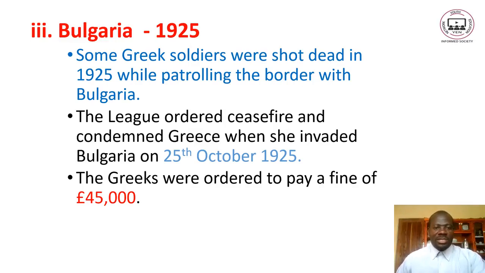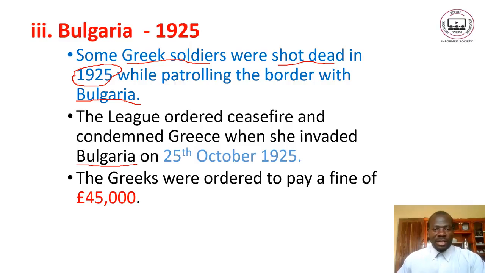The third success registered by the League of Nations came in 1925 in Bulgaria. Some Greek soldiers were shot dead in 1925 while patrolling the border with Bulgaria. Then the League ordered a ceasefire and condemned Greece when she invaded Bulgaria. That is to say, when the Greek soldiers were shot dead, Greece opened fire on Bulgaria.